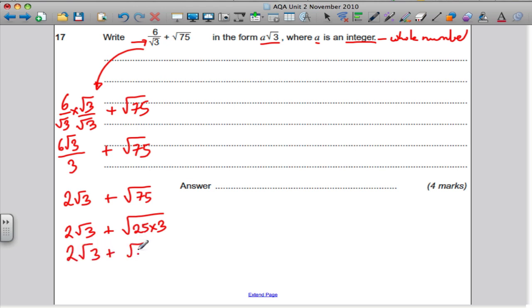That would be the square root of 25 times the square root of 3. Well, the square root of 25 is 5, so this is 5 root 3's. So I've got 2 root 3's plus 5 root 3's, and that simplifies to 7 root 3's. So the answer would be 7 root 3's, where a is equal to 7. Nice and straightforward there.